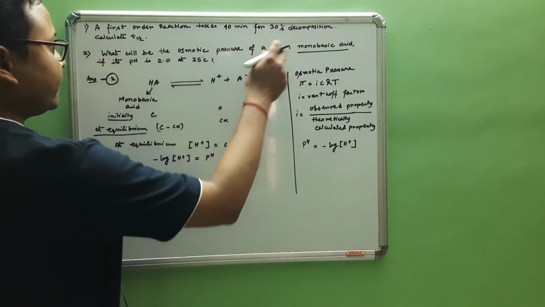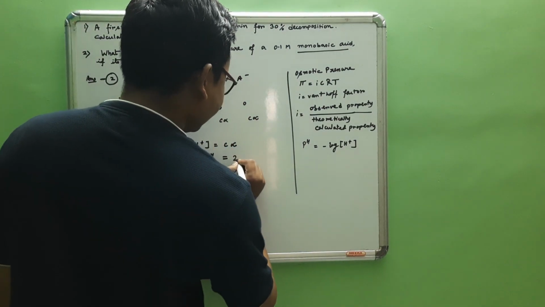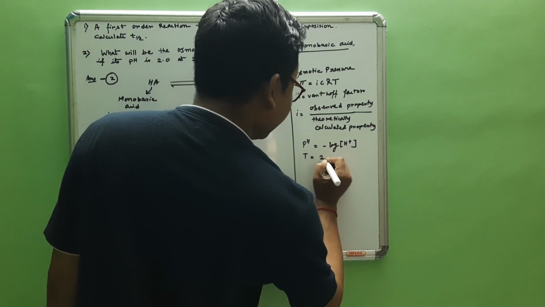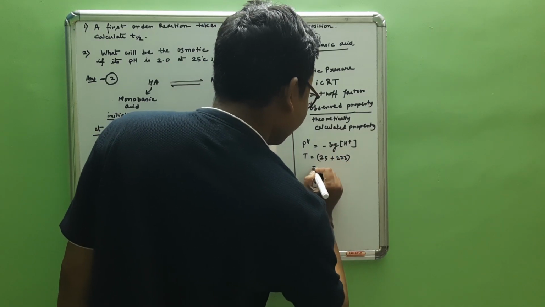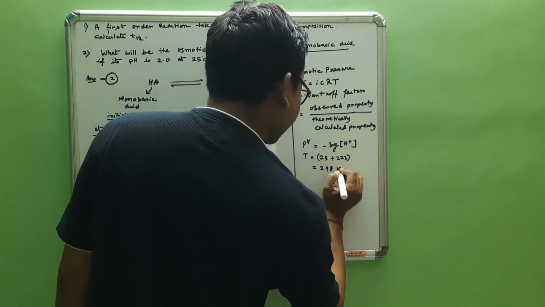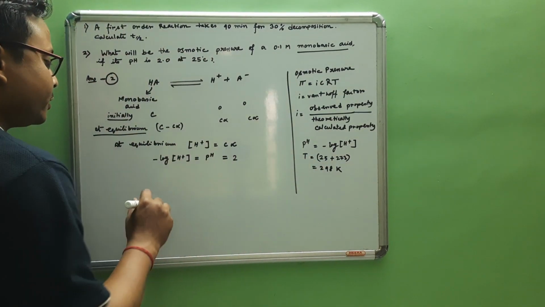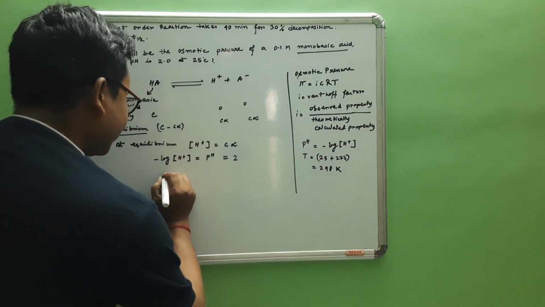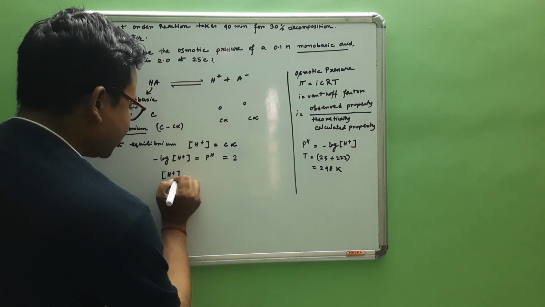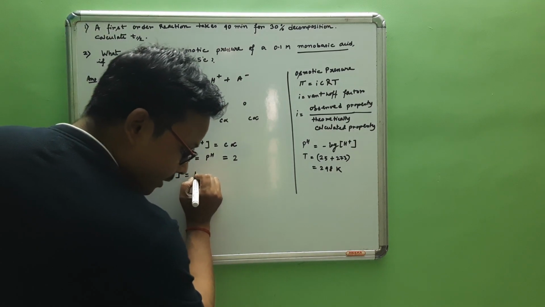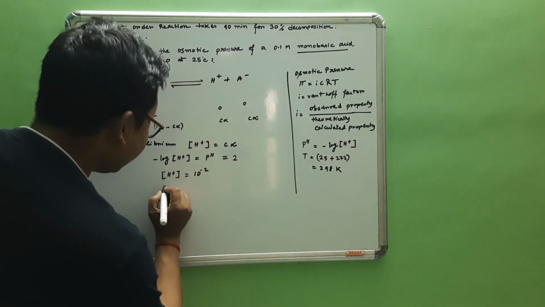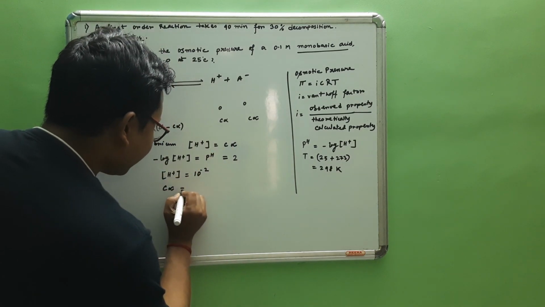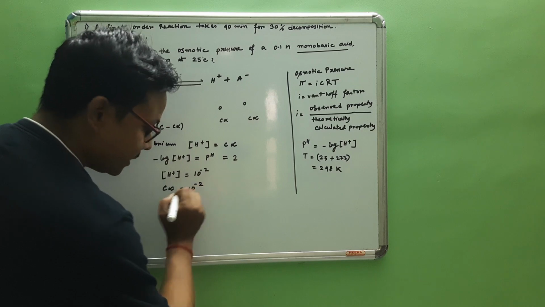The pH is given here as 2 at 25 degrees centigrade. T is 25 plus 273, that means 298 Kelvin. So pH 2 means the concentration of H plus ion is 10 to the power minus 2, and this is nothing but C alpha. So C alpha is 10 to the power minus 2.